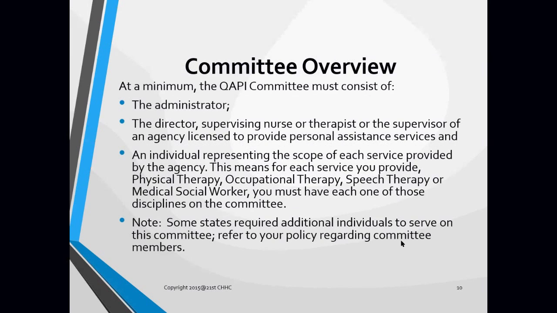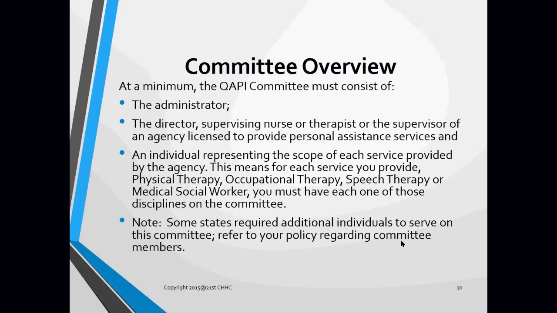So for the committee, at a minimum, you're going to have your administrator or agency manager on that committee. If you're doing skilled, you're going to have the director of nursing or supervising nurse or whoever that supervisor is. If you're doing personal services, then it would probably be your supervisor.